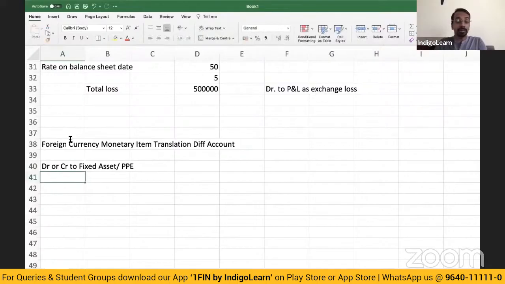Okay, if it is not a depreciable asset, then you will accumulate this difference, you will debit or credit the difference to the FCMITDA account.